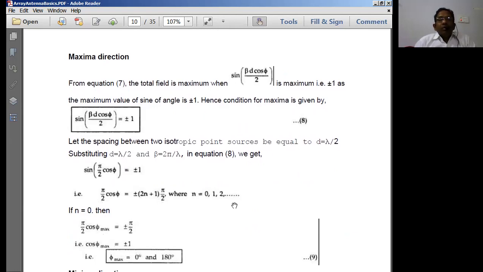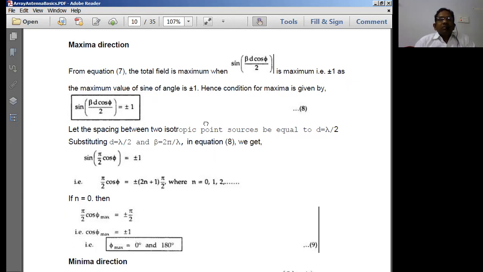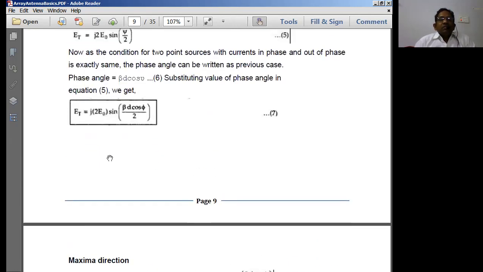Now we have to find out the maximum direction radiation and minimum radiation. That means we should find out the pattern where we get a maxima and where we get a minima. So for maxima radiation, we go with the maximum direction kind of thing. When it will be maximum, when this component sine beta d cos phi. So in this equation, if you see, this entire component is going to be something like a coefficient of this particular sine function.